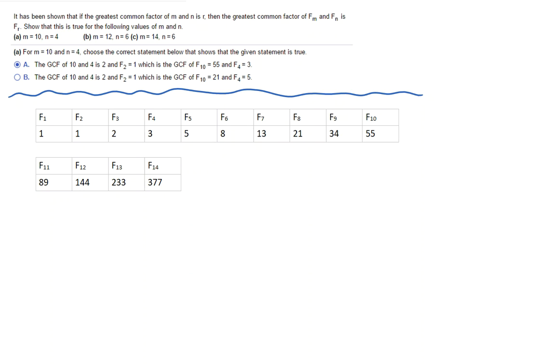Alright, I want to go through this for part B and C. I don't have those options listed here because I took a picture of the one with just part A up. But let's go ahead and look at part B. We can kind of predict how it plays out, and then we'll look at part C. So for B, we're looking for the GCF of 12 and 6, and that's 6. So then we just translate those into Fibonacci numbers.